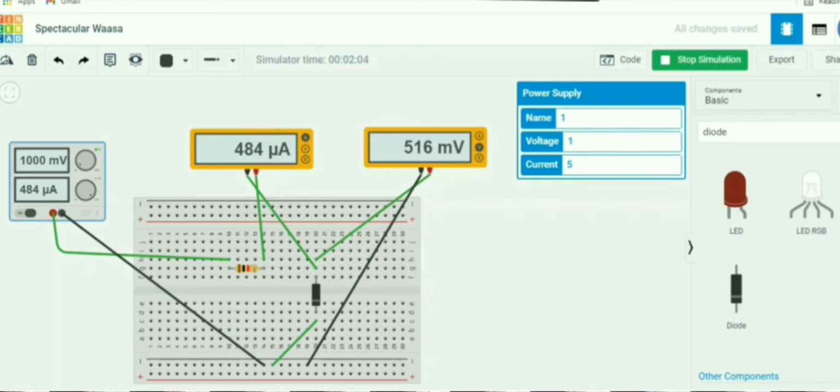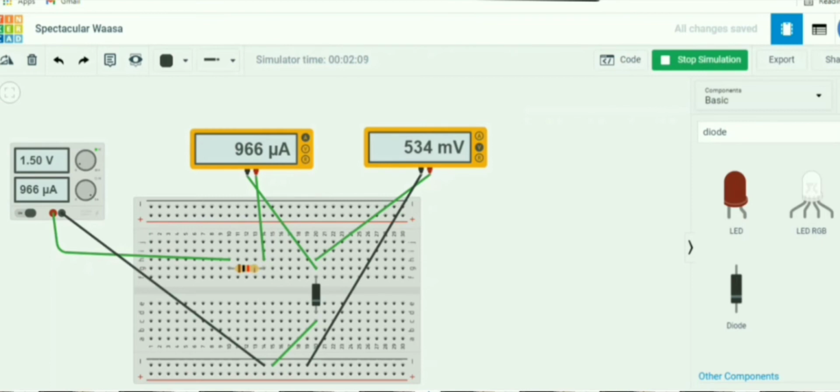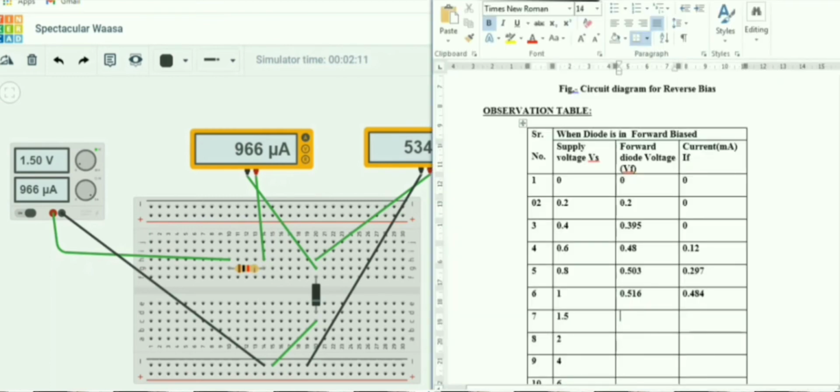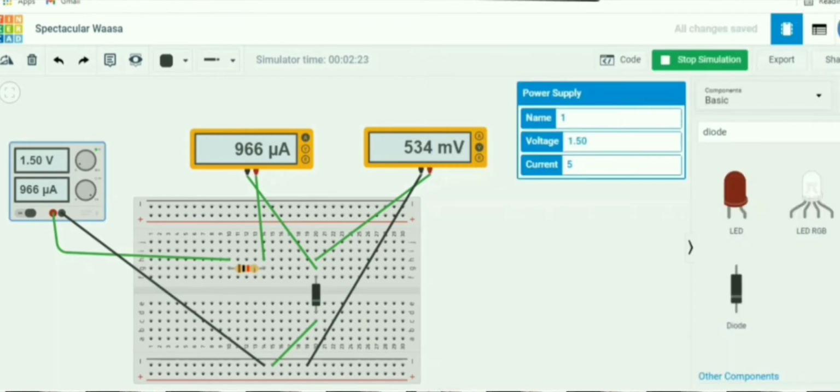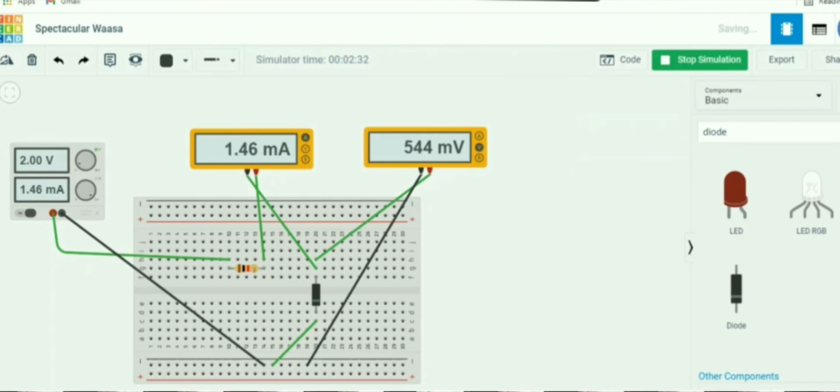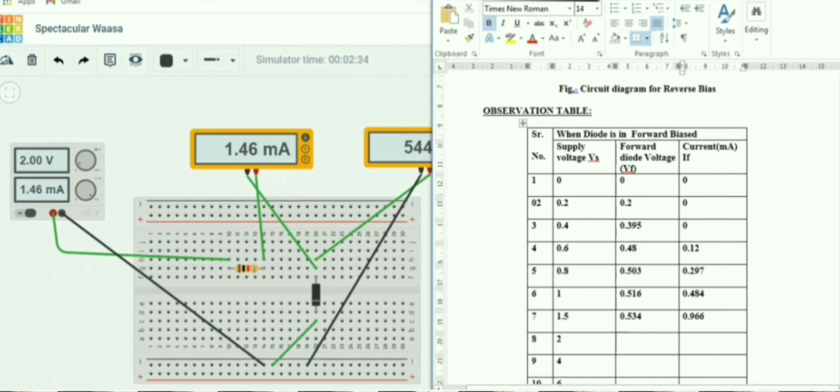For 1.5 volt, voltmeter still shows 0.5 volt and current increases to 0.96 milliampere. For 2 volt in the power supply, the voltage across the diode, that is the voltmeter, still shows 0.5 volt, but the current meter shows 1.46 milliampere.